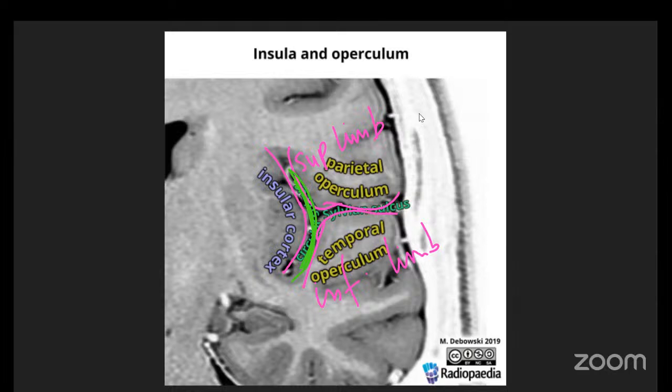It was labeled. So this is the circular sulcus. The superior portion of the circular sulcus helps make the superior limb of the insular segment. The inferior portion of the circular sulcus makes the inferior limb of the insular segment. All of it is connected.